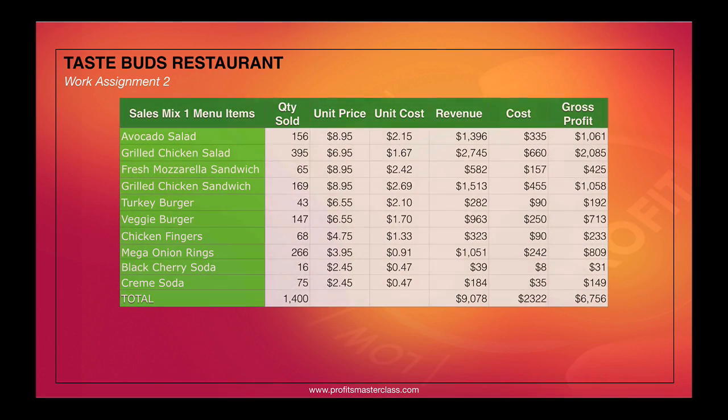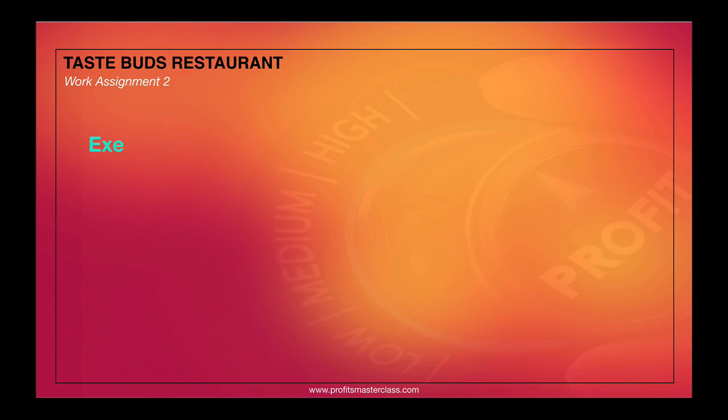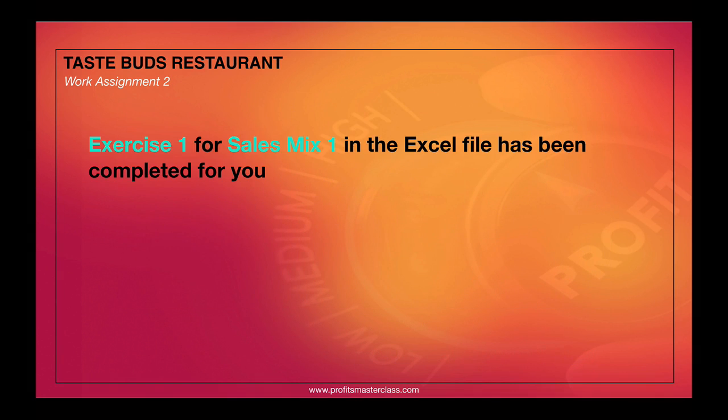Using the Taste Buds Restaurant Menu Item List Work Assignment 2 Excel file, follow the instructions in the next slide. Here are the instructions for the Taste Buds Restaurant Excel Work Assignment 2.